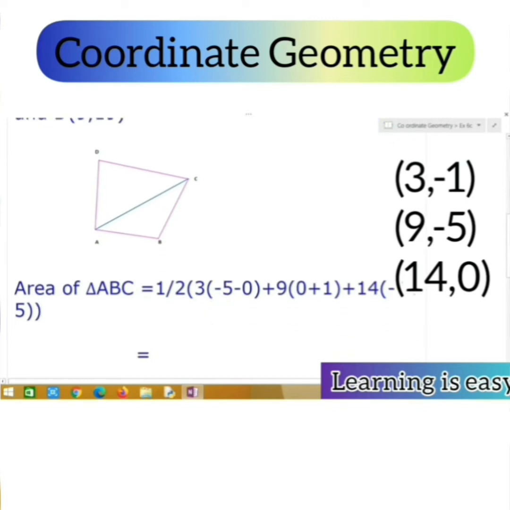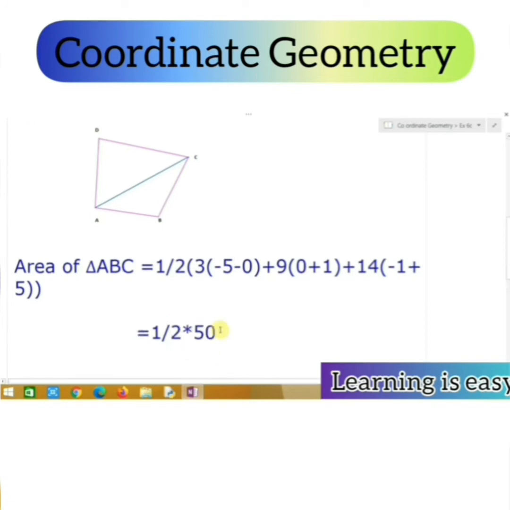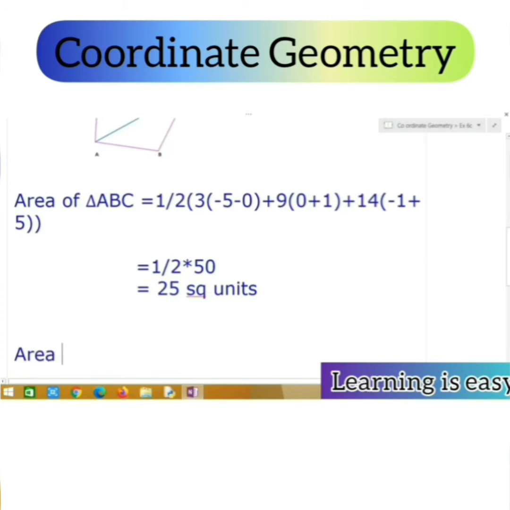So by simplifying this, half into minus 15 plus 9 plus 56, that's half into 50, which is going to be 25 square units. Similarly, we have to calculate the area of the triangle ADC.